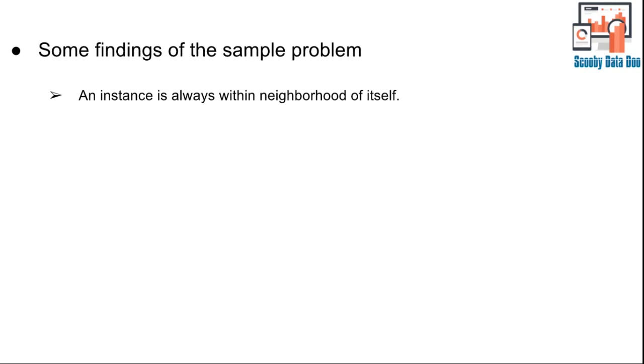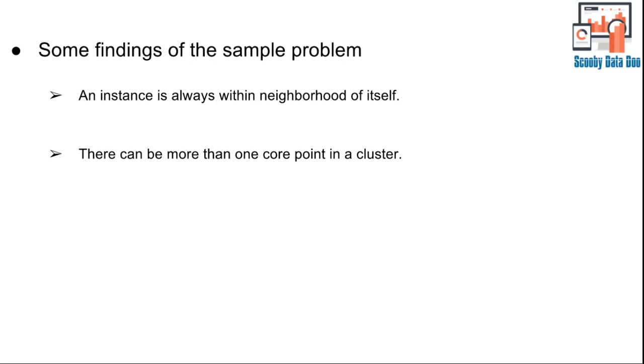So some findings we have figured out from our sample problem. The first one is an instance is always within neighborhood of itself. Yeah, that's what I said. And there can be more than one core point in a cluster, because many of you might get confused thinking that just like k-means clustering, where we had only one center in a k-means cluster, but here in DBSCAN there is no center point of a cluster.